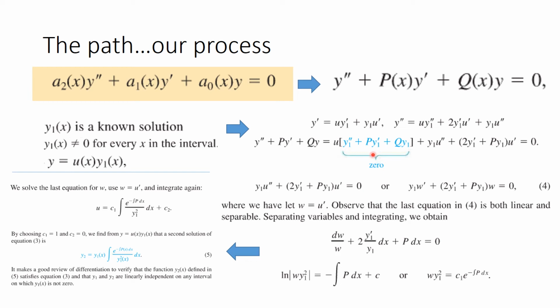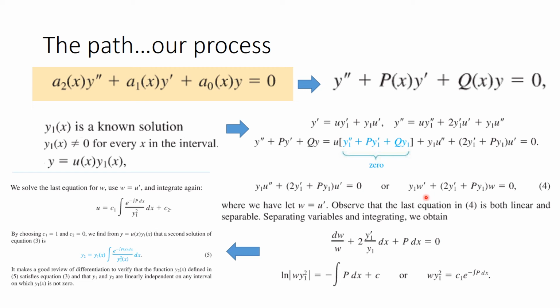And so when we simplify this, what we get is this expression, which is an equation without a u, and we can do the substitution w equal u prime to get this. And again, this is going to be a linear first order differential equation, and in fact you can even separate variables on this, I suppose.